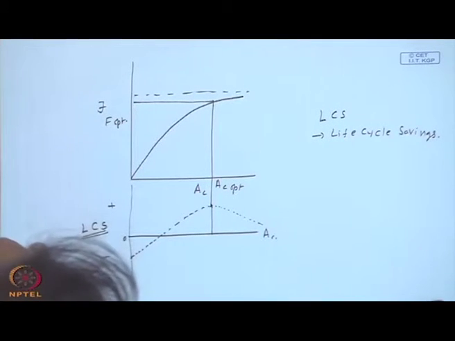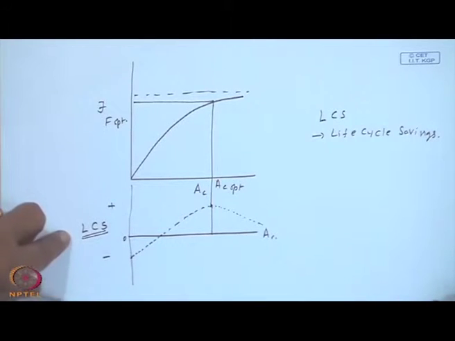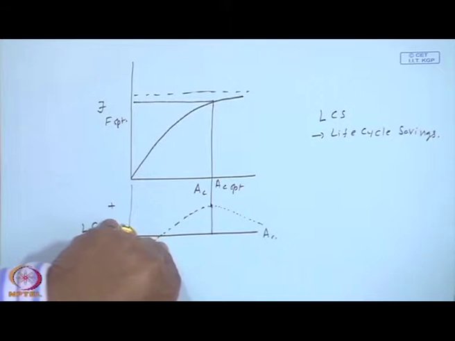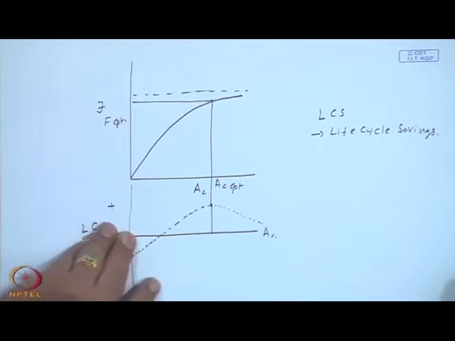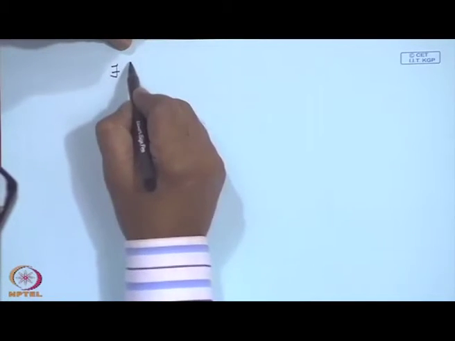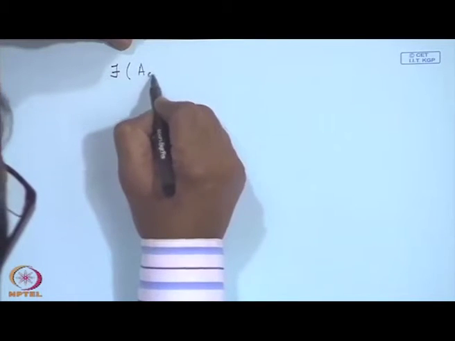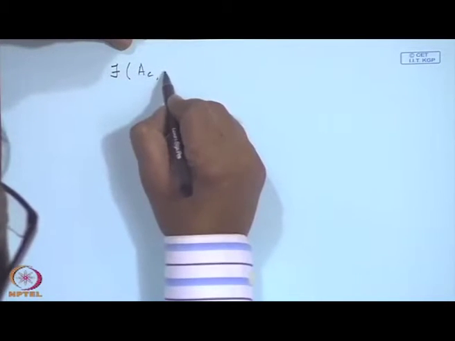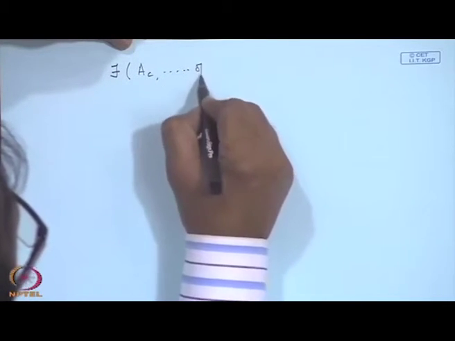So, this is how it is done through the combination of life cycle savings versus the solar load fraction. Why I had to get into this economics a little bit here is, we need this F, which will be a function of the area mainly, and other parameters like operating parameters.